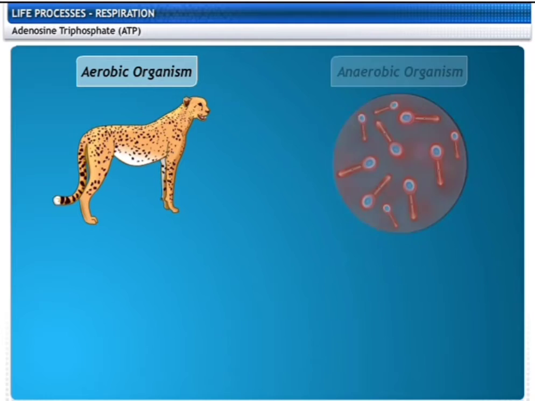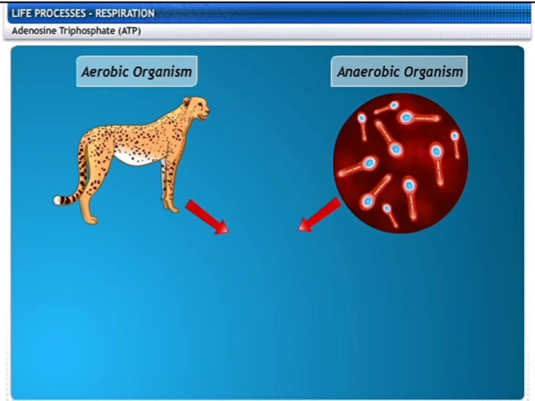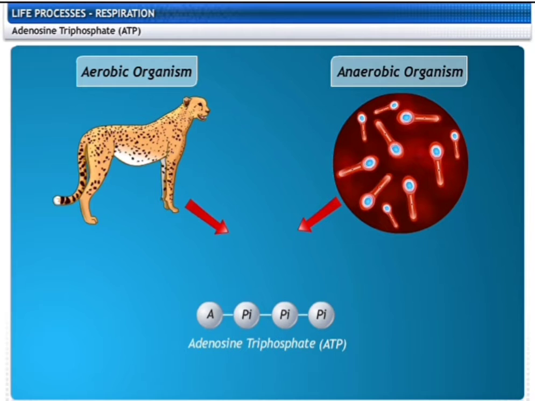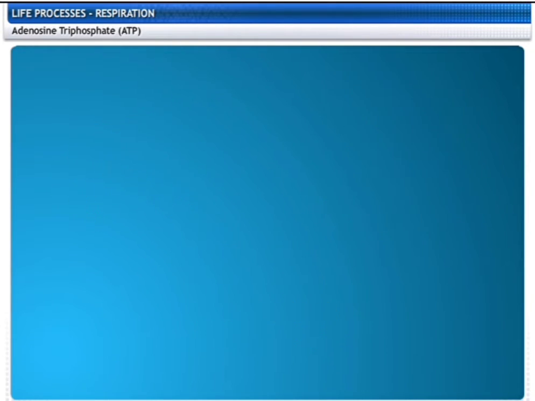Both aerobic and anaerobic respiration releases energy. This energy is used to combine adenosine diphosphate, ADP, and inorganic phosphate to form adenosine triphosphate, ATP molecule.